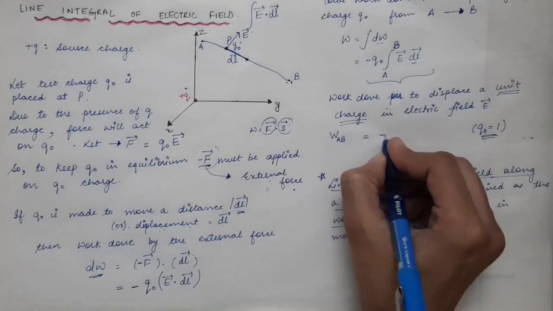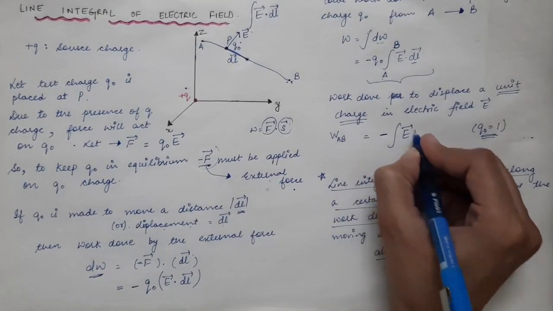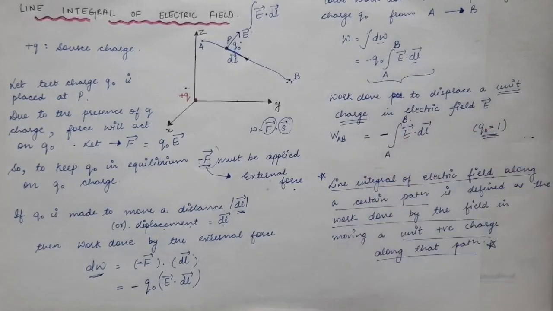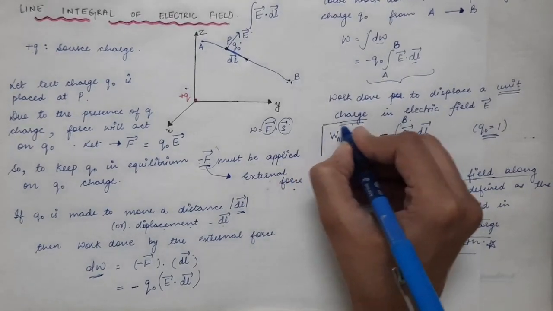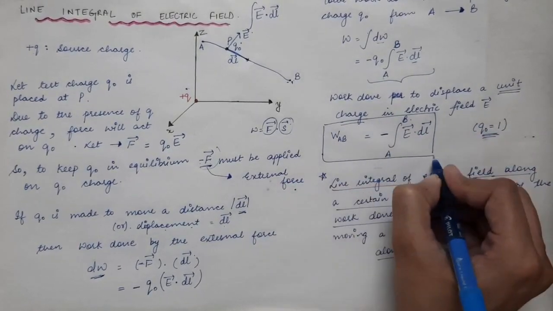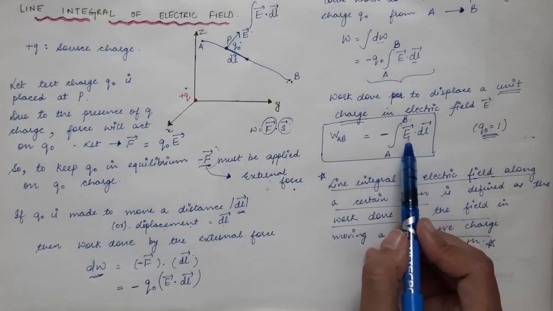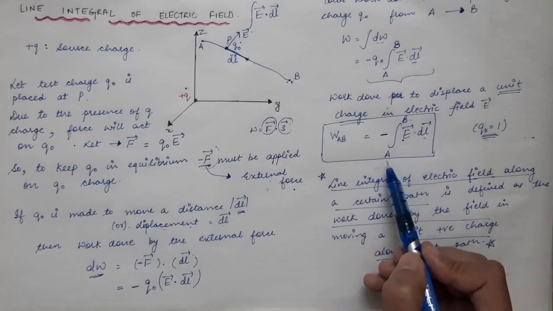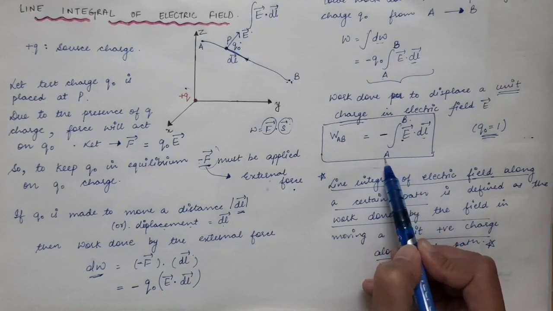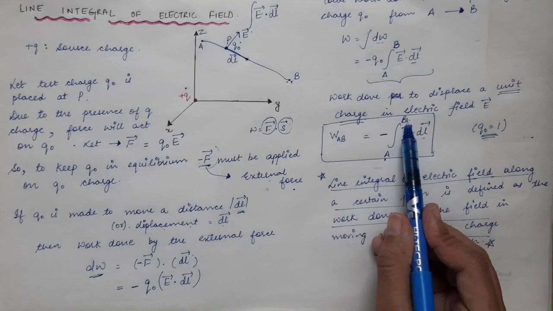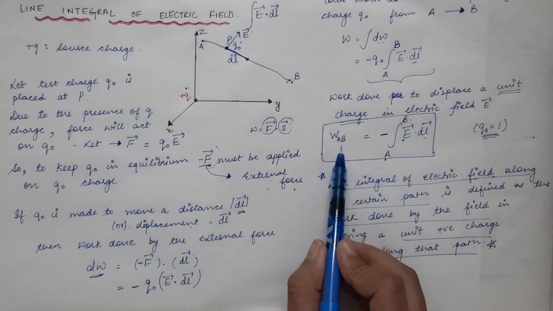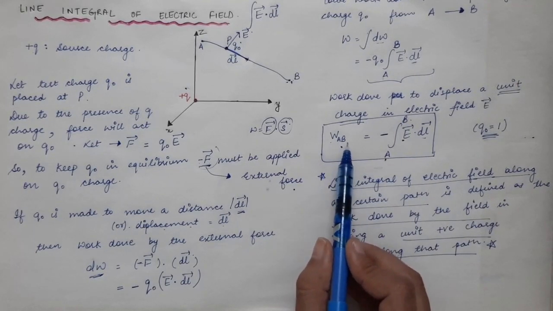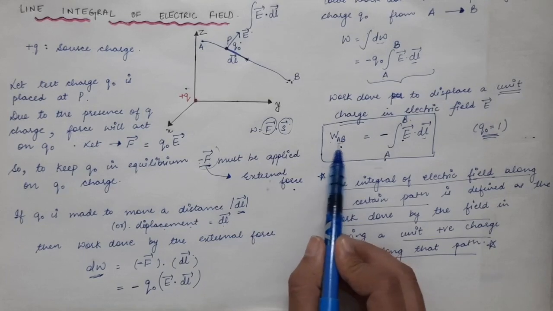That will be minus the integration of E vector dot dl vector, with integration limits from A to B. So from this formula we can say that the line integral of the electric field from one point to another point of the path gives us the work done to move a positive unit test charge along that path.